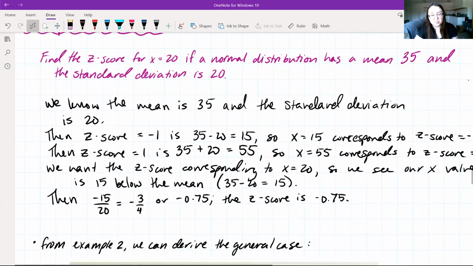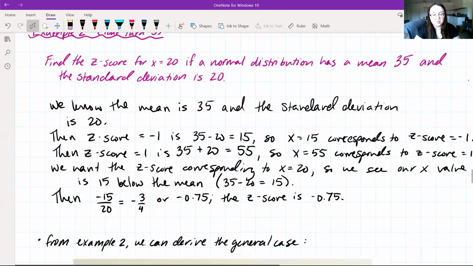So what we found was that x equals 20 was 15 less than the mean. Our standard deviation was 20, so we take -15 divided by 20. That's the main gist of our example 2 here.